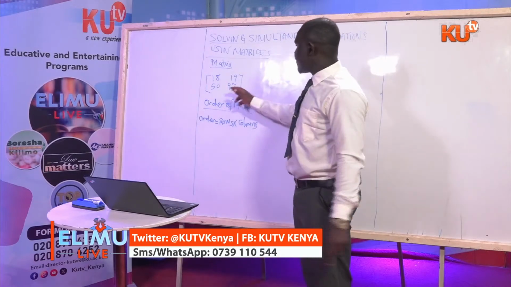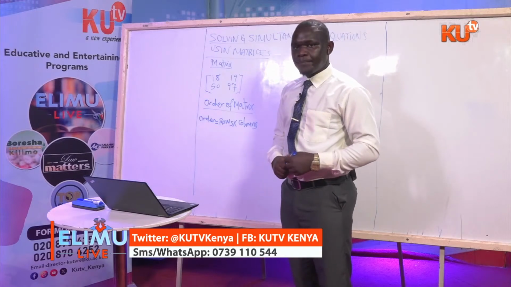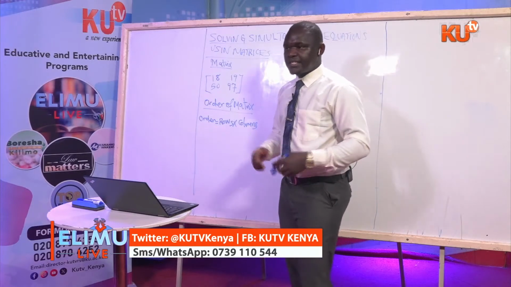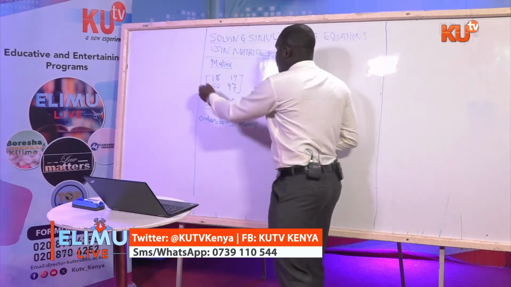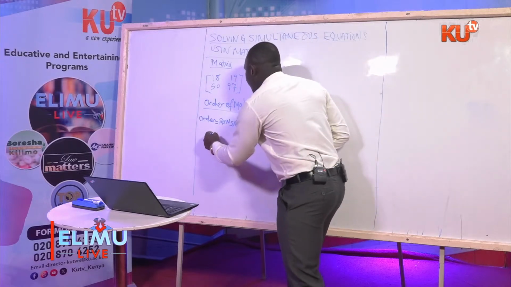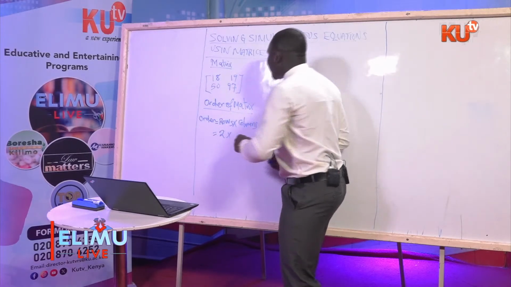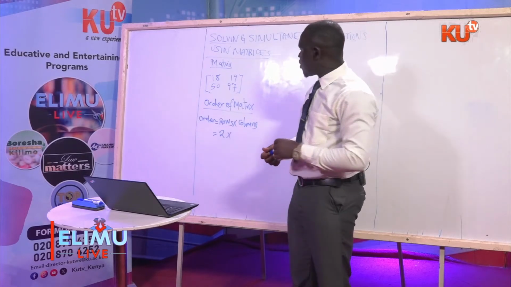For example, look at this matrix I've written here. How many rows do you think are there? Yes, we have 2 rows in this matrix because this is the first row and this is the second row. What about the columns?